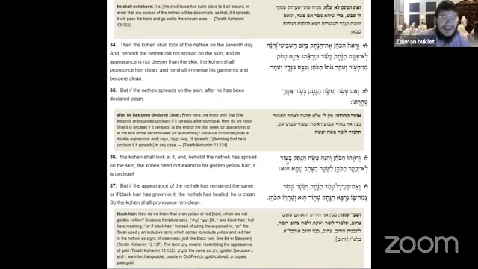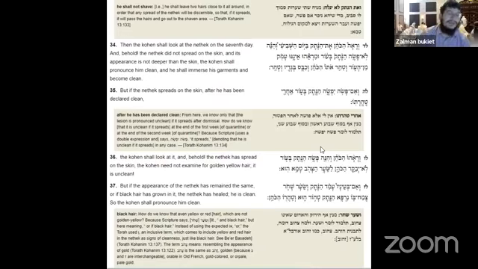So like this, you can see if the tzaras spreads, probably not very fun. This whole getting tzaras on your head or your beard or somewhere that you can't see sounds even more of a challenge due to the fact that you have to shave around it in order to see how it's going or what's happening with it.